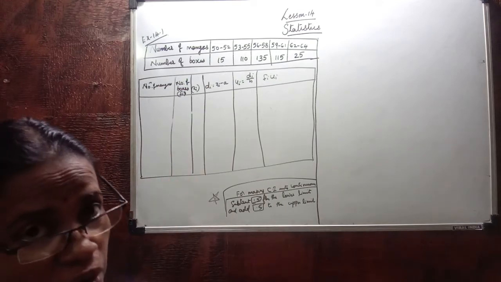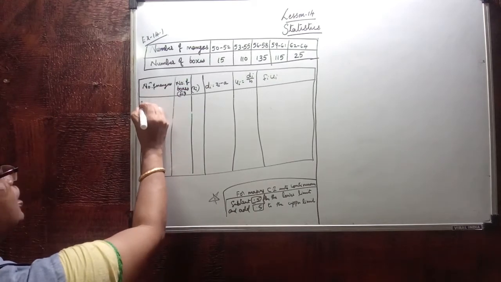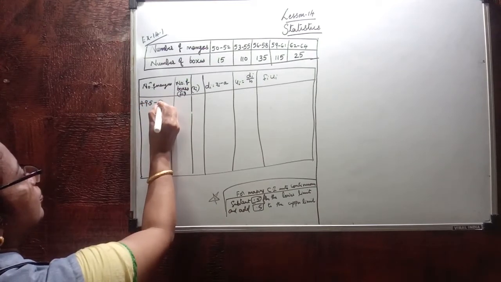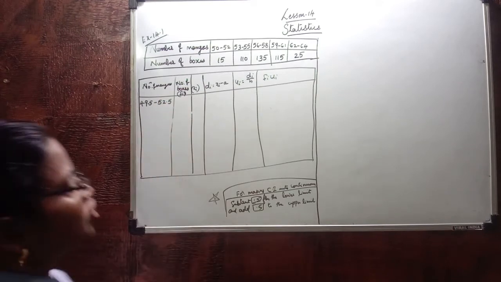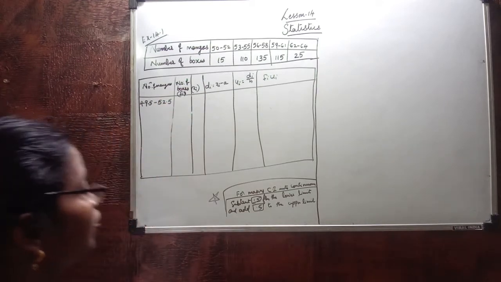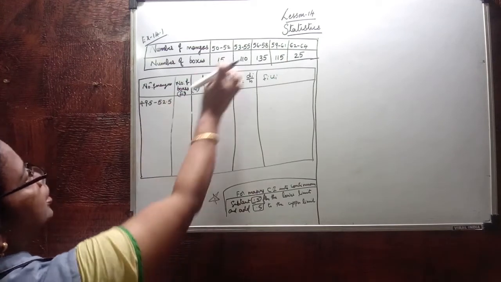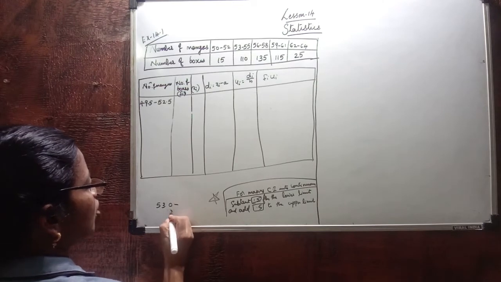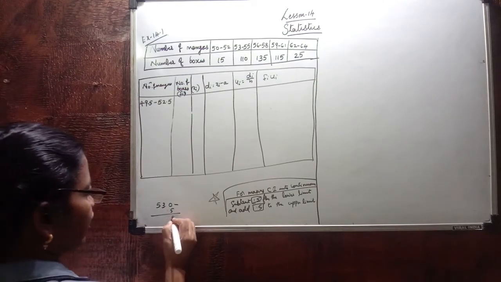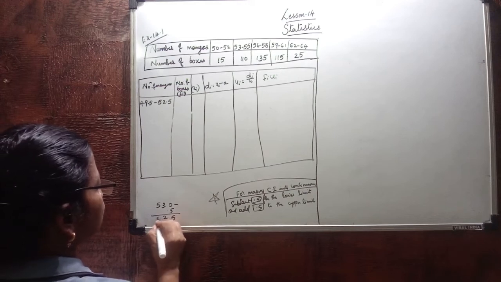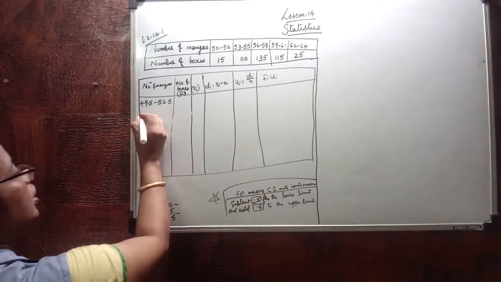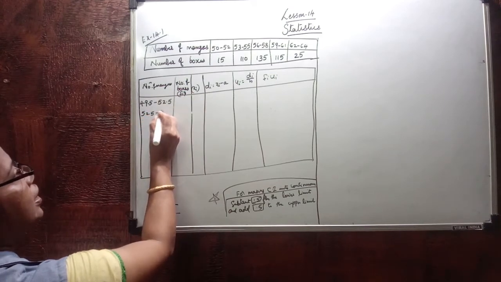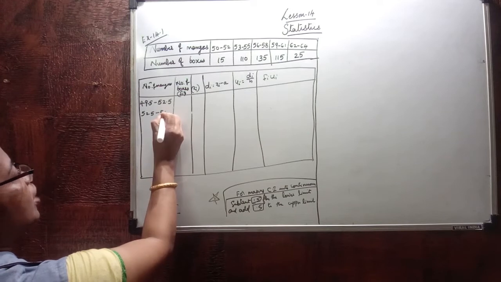50 minus 0.5, you'll get 49.5. Add 0.5 to the upper limit: 52 plus 0.5, 52.5. Next one, here 53 minus 0.5 gives 52.5, and adding to the upper limit gives 55.5.